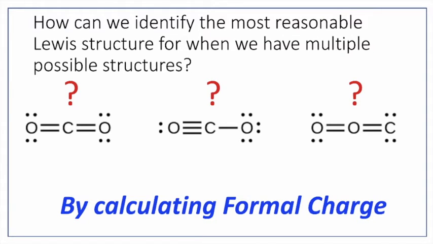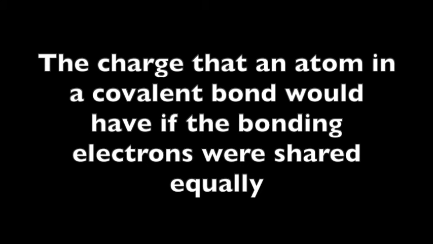Now let's talk about what this is. What's formal charge? Well, it's essentially a bookkeeping mechanism for keeping track of electrons. A formal charge is defined as the charge that an atom in a covalent bond would have if the bonding electrons were shared equally.